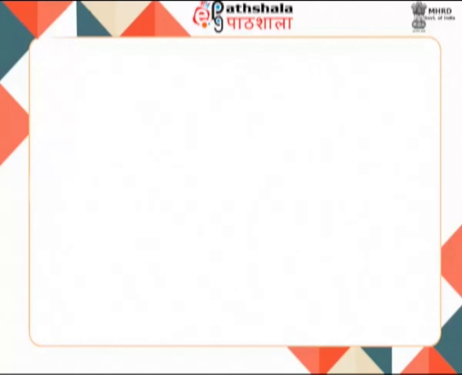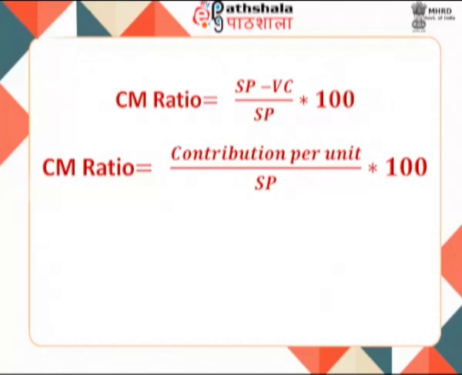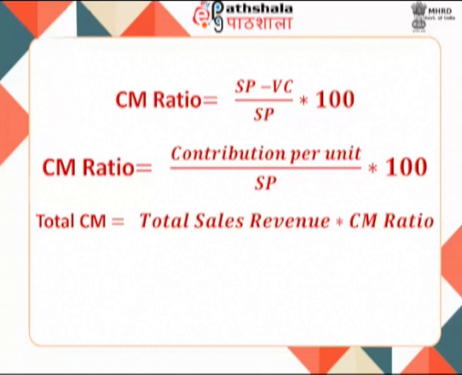Symbolically, contribution margin ratio, that is CM ratio, is equal to selling price minus variable cost, whole divided by selling price, multiplied by 100, or CM ratio is equal to contribution per unit divided by selling price per unit multiplied by 100, or total CM is equal to total sales revenue multiplied by CM ratio.